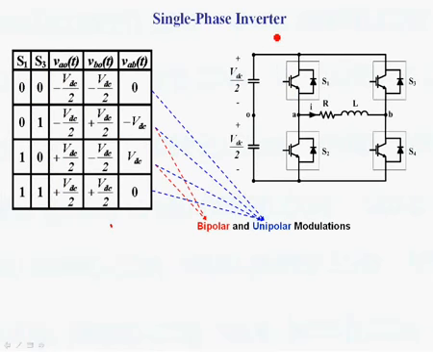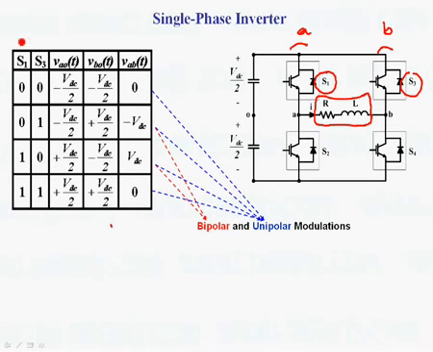In a single phase inverter, we have two legs, leg A and leg B, and this is a load. As I mentioned before, because we define the switching states based on the top switches, in this case we have two switches.